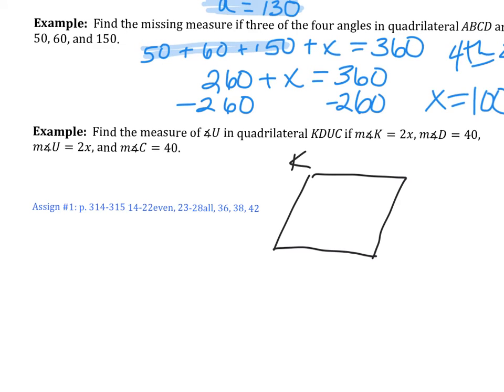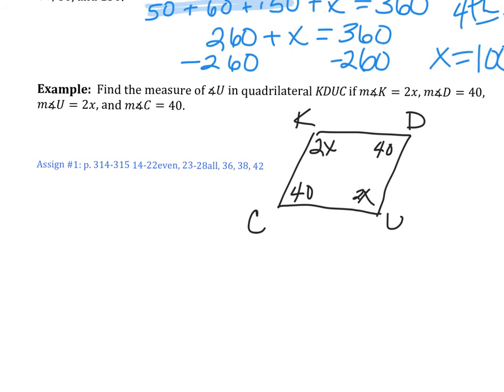So I'm going to go ahead and label the letters here, KDUC. And I know that angle K is 2x, D is 40, U is also 2x, and C is 40. So again, we're going to set up our equation that we know the interior angles of that quadrilateral add up to 360.